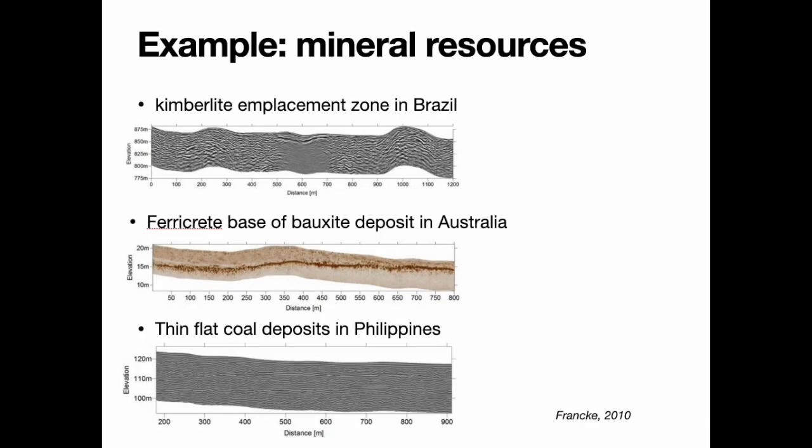It's also used a lot for tracing or prospecting for mineral resources. So you see different types of examples here, all taken from a single review paper. You see, for example, a georadar measurement across a region which contains a kimberlitic dike emplacement.